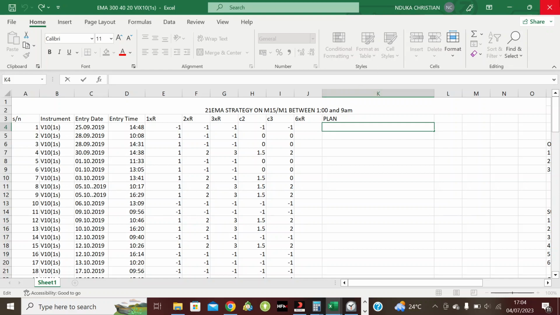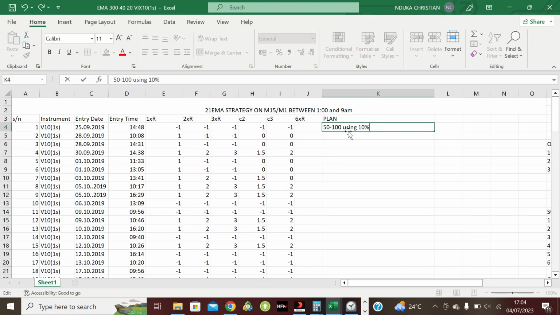So the plan is to grow this $50 to 100, that's the first plan, using this 10% risk.